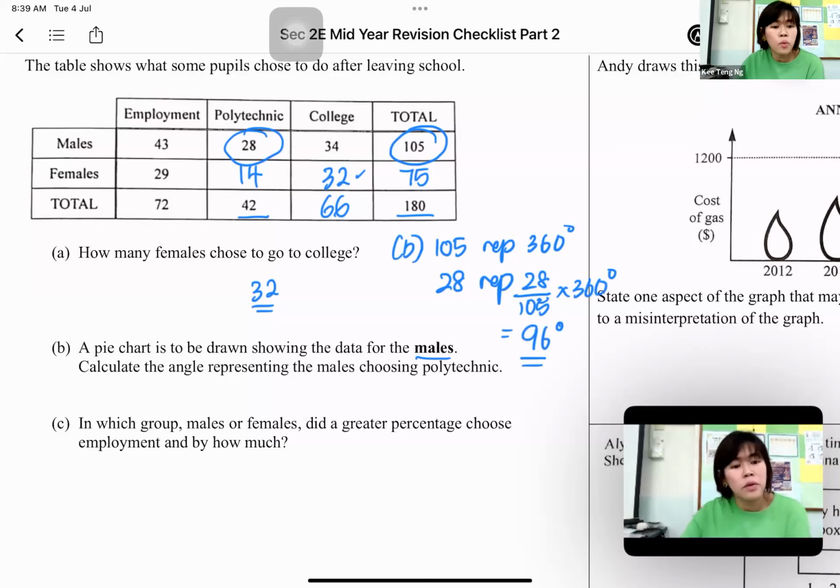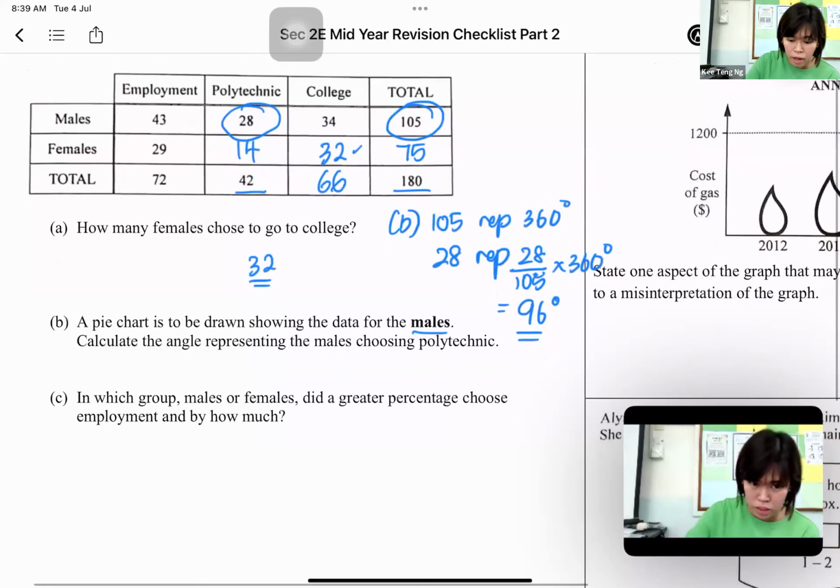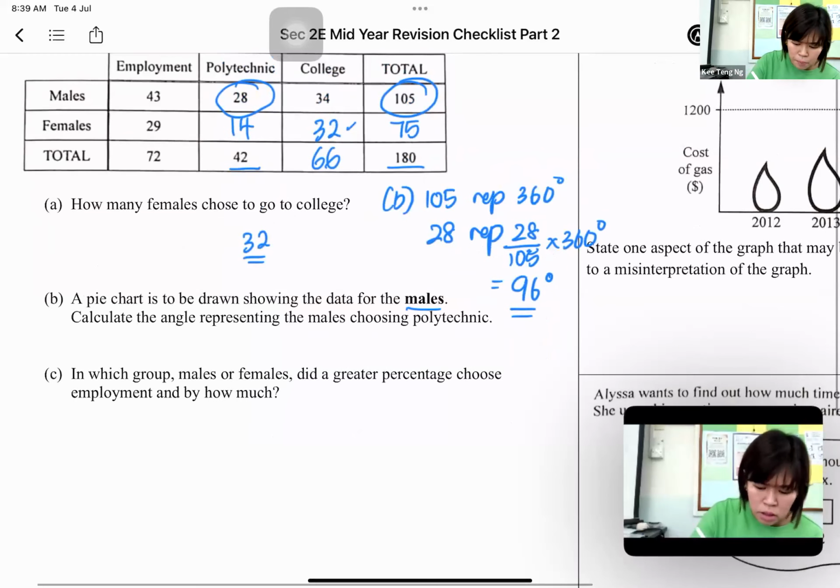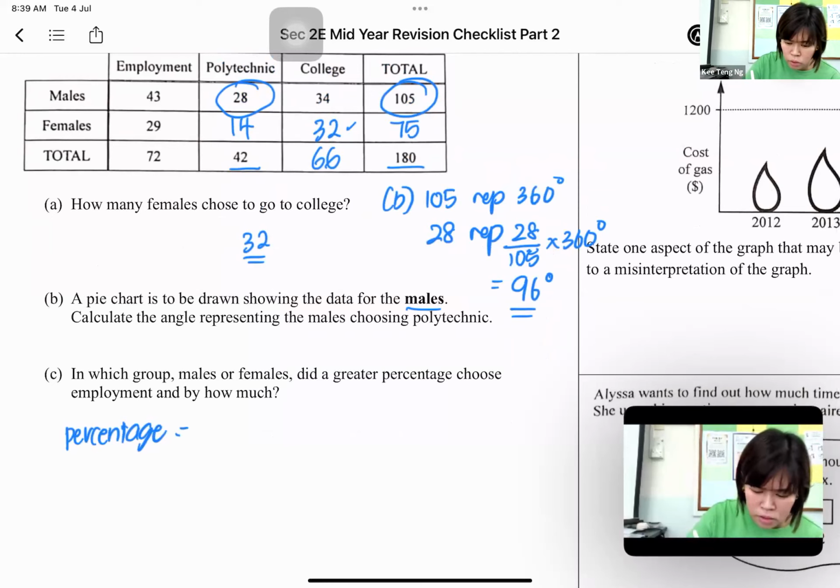In part C, which group, male or female, did a greater percentage? So I want the percentage of male and the percentage of female, not the percentage of the total number of students, right? So for the male, my total number of male is 105.